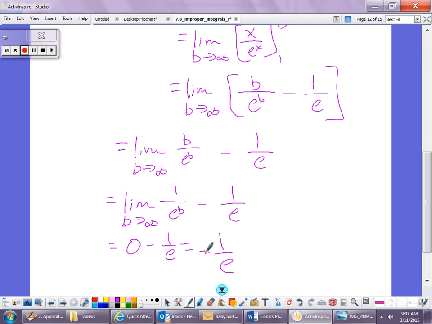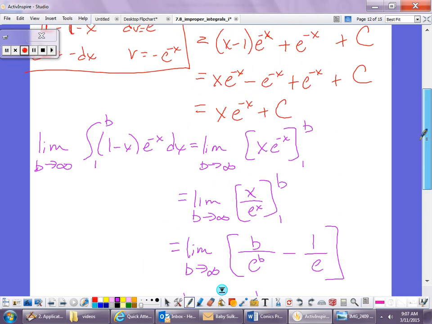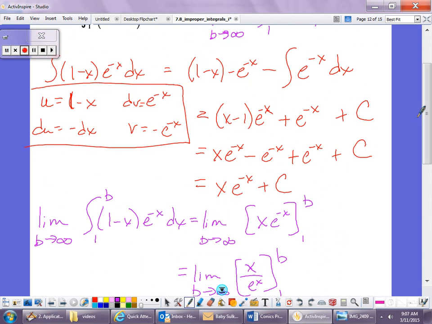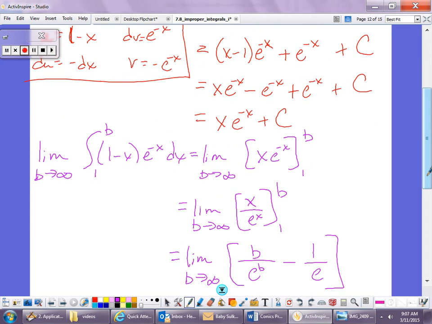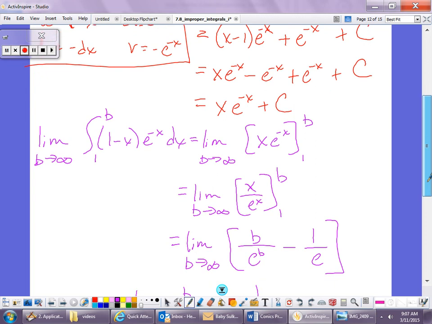All right, so just to recap, first we found the antiderivative. So we got our function. Then we used that to evaluate this limit, the limit of this integral from 1 to b of 1 minus x e to the negative x dx. That turned out to be the limit as b goes to infinity of x over e to the x from 1 to b.